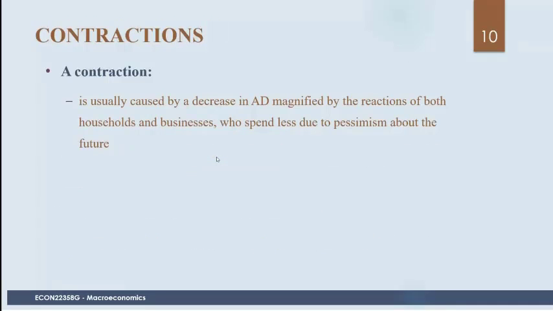So contractions are caused by a decrease in aggregate demand. And that's going to be magnified by the reactions of both households and businesses, who spend less due to pessimism about the future. So something usually happens. The last big recession was because of the financial crisis in the US. Basically, you had somewhat of a bubble.